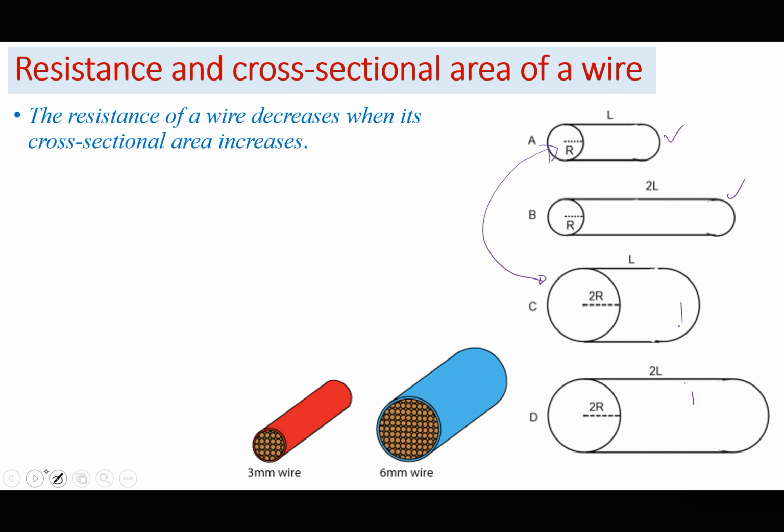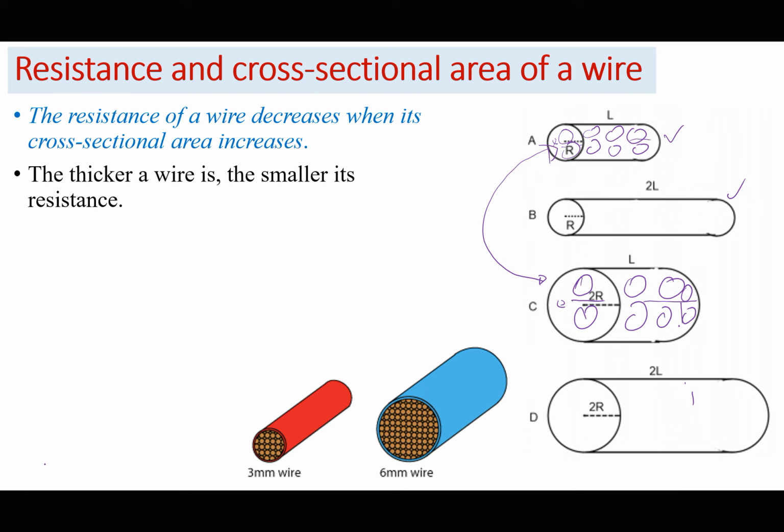So we can look at these two materials and say, for example, the same number of atoms are now in a bigger cross-sectional area. It means here an electron can easily pass through this material than it does through a narrow material. So resistance decreases with an increase in cross-sectional area. The thicker a wire is, the smaller its resistance. Bigger thickness means bigger cross-sectional area.